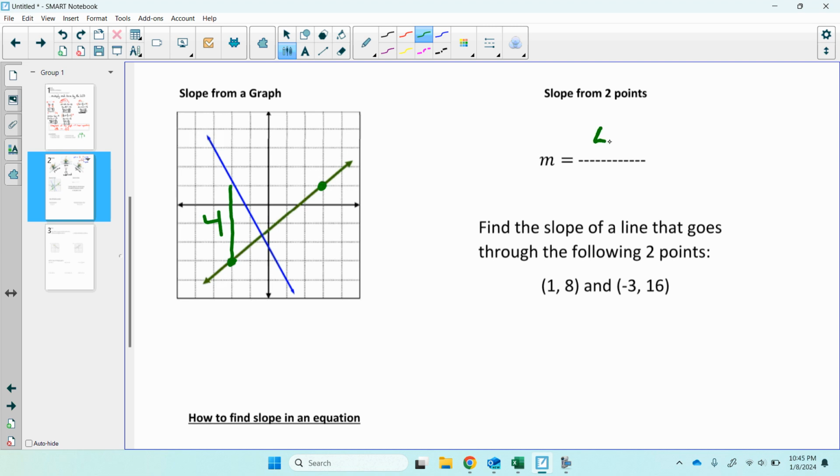So that's positive 4 for the rise. And then we run, again in the positive direction, 5 units. So we've got 4 over 5 for that slope. And the y's on top. Y's matches with rise, also rhymes with rise. And then x's on the bottom is our run.